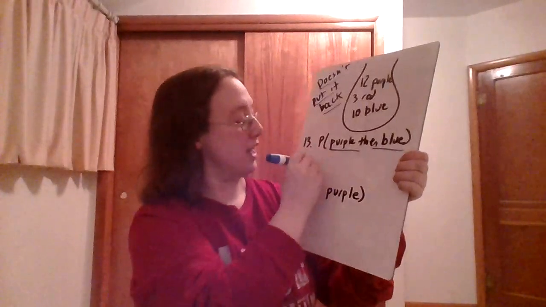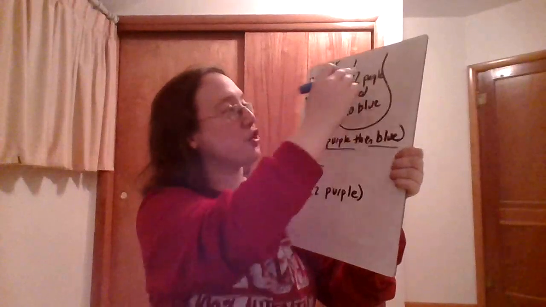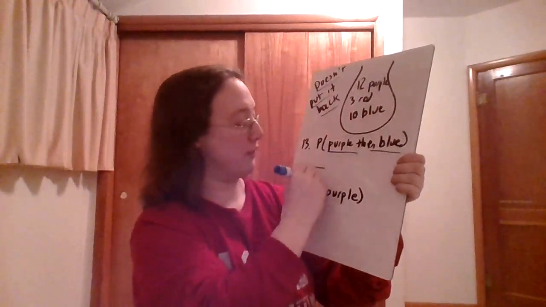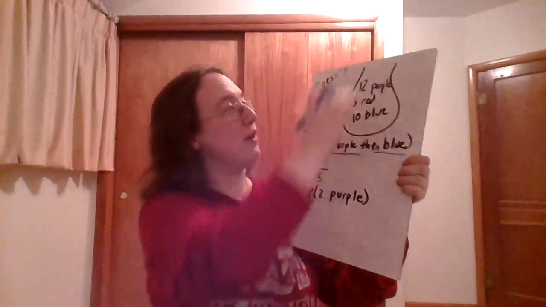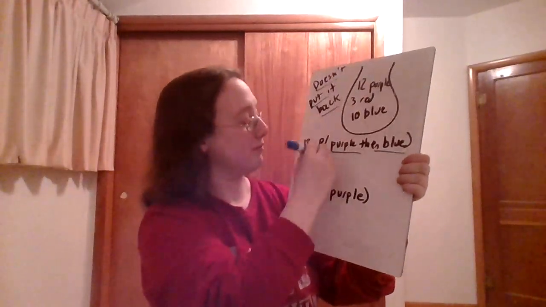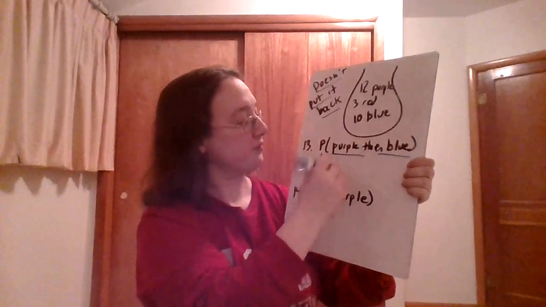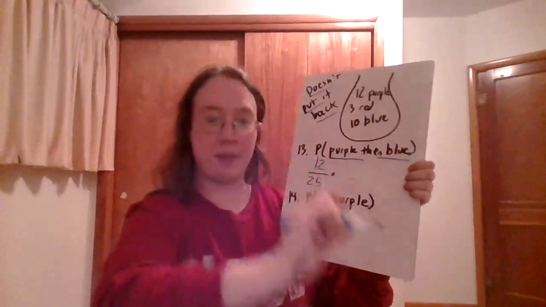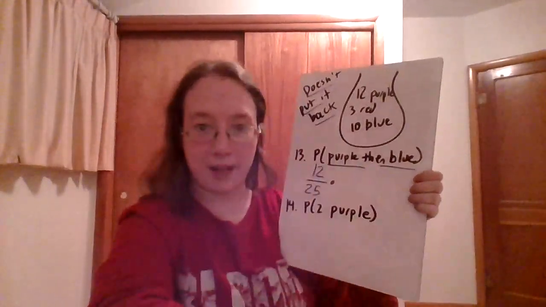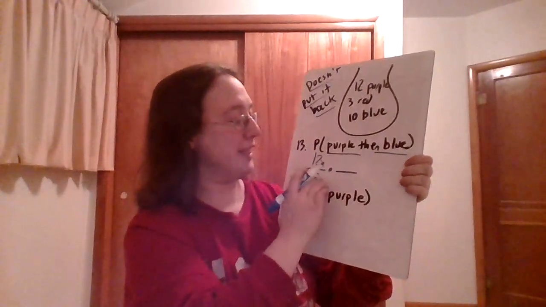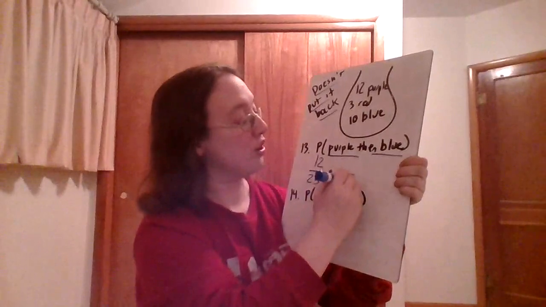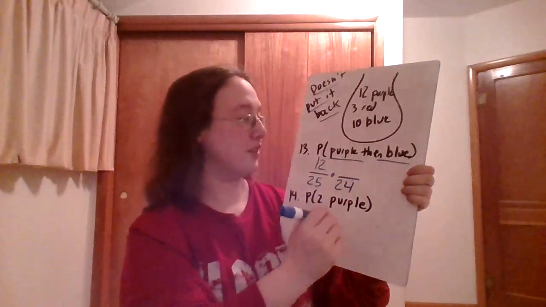Okay. So, if we're looking for a purple first, we've got 12 and 3 and 10 gives you 25. And out of those 25, 12 of them are purple. Once we've got that purple, and this is where that don't put it back thing is important, we've only got 24 marbles left.